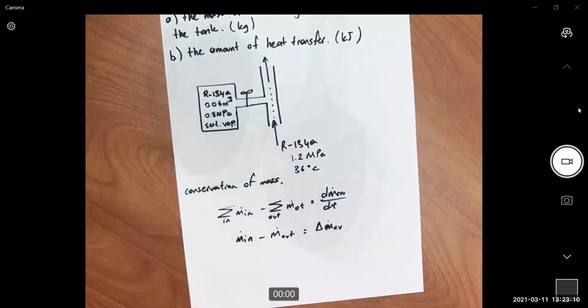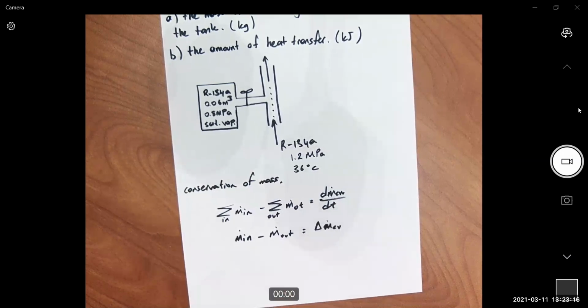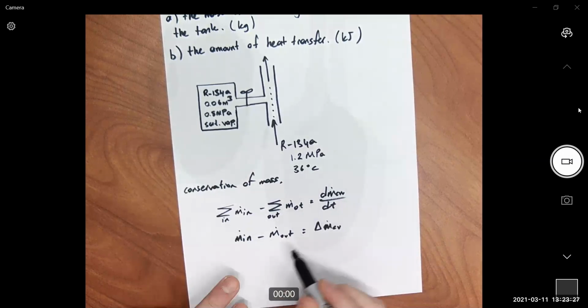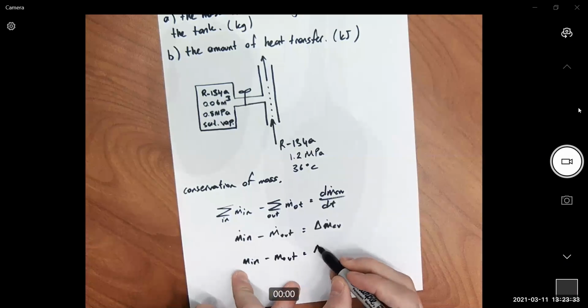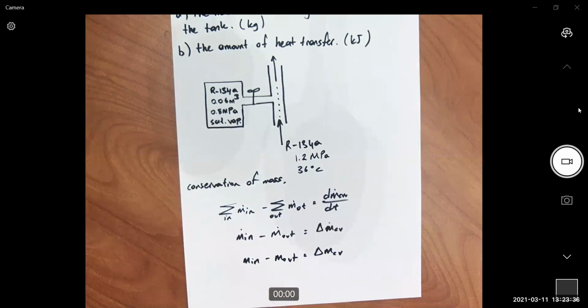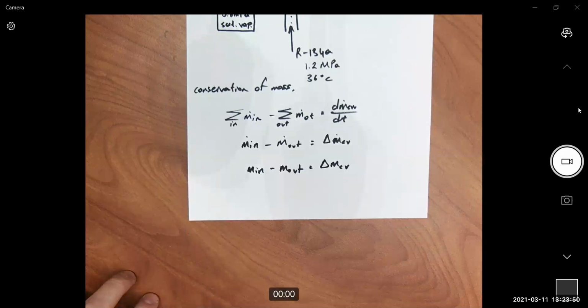How do I get rid of this dt? By integrating. m in minus m out will give me the change in mass of the control volume. Now it's not in rate form, it's in kilograms. I will come back to this later.